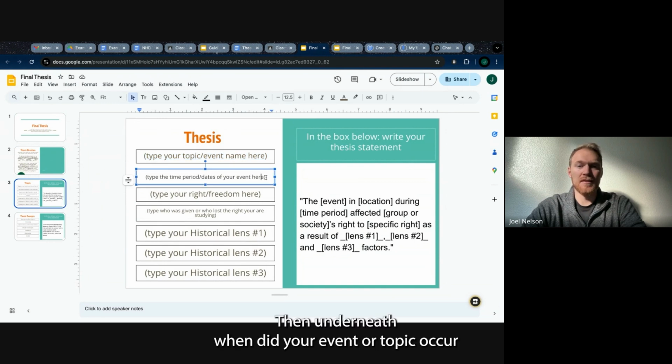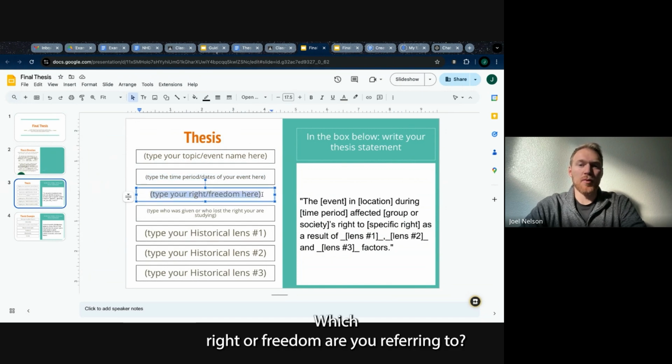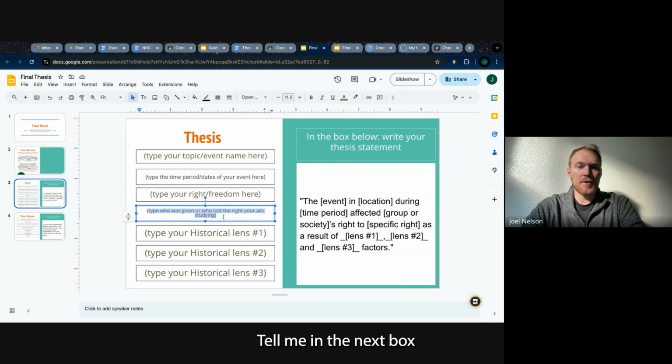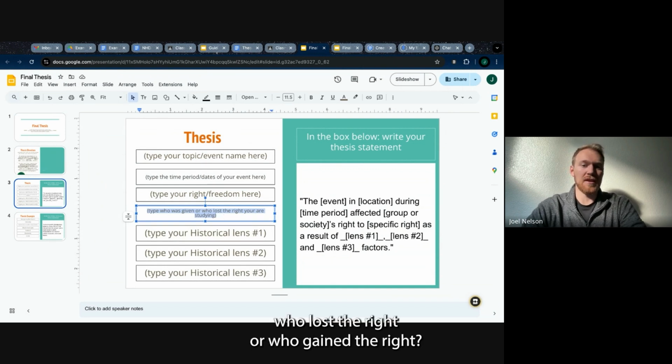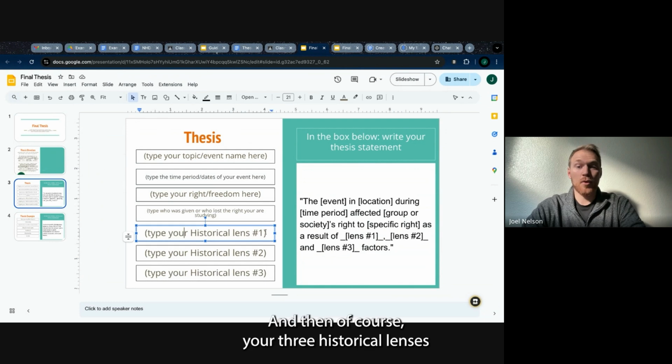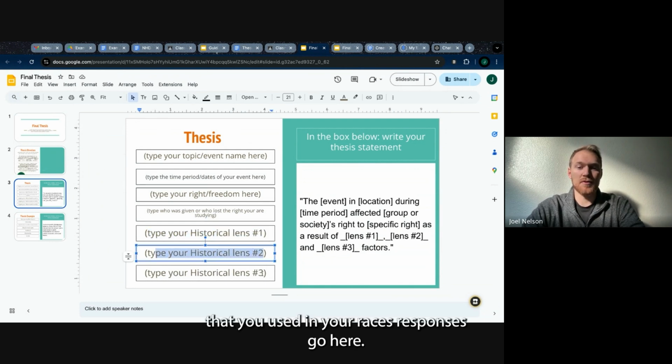Then underneath, when did your event or topic occur? Below that, which right or freedom are you referring to? Tell me in the next box, who lost the right or who gained the right? And then, of course, your 3 historical lenses that you used in your races responses go here.